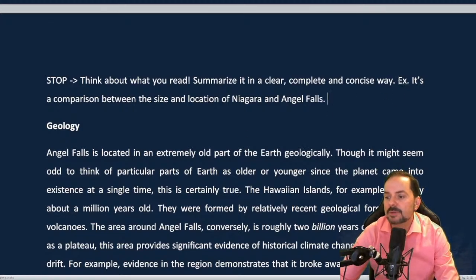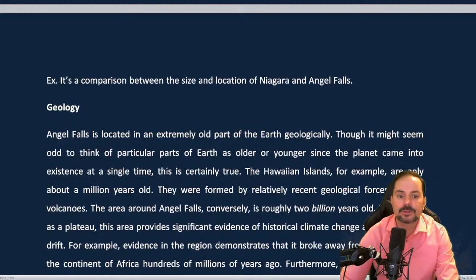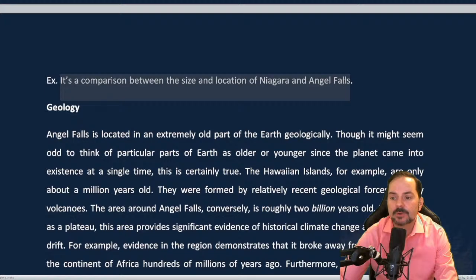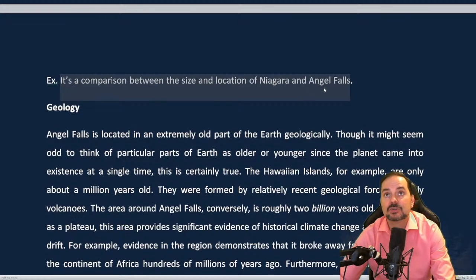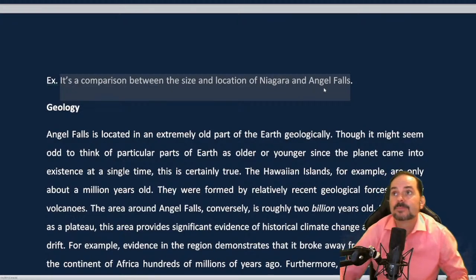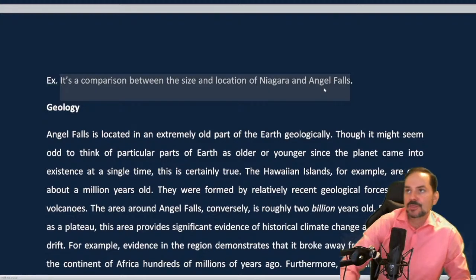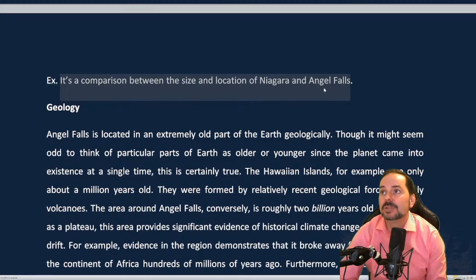Okay, does everybody agree with me that this is about the most concise and accurate way that we can summarize this paragraph? It's a comparison between the size and location of Niagara and Angel Falls. Okay, Hurain says, and the location. Yeah, Hurain, absolutely right. So the size and the location.